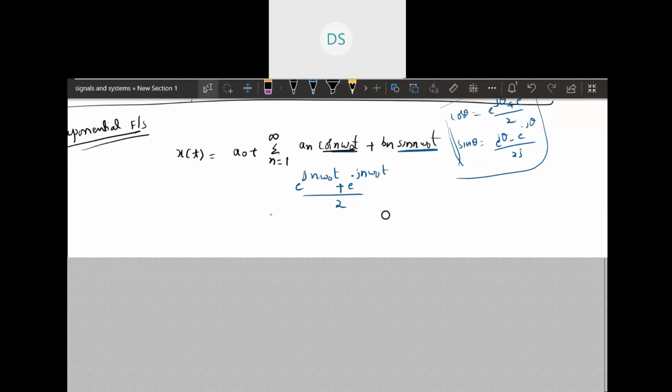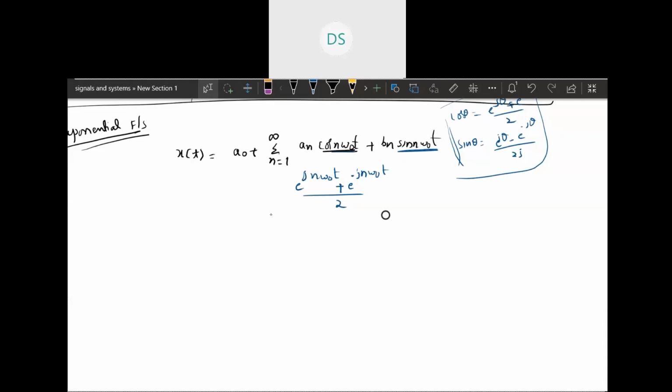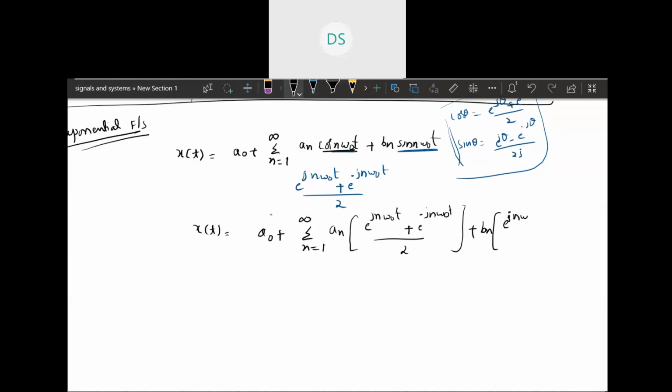So x of t is equal to a naught plus sigma n equal to 1 to infinity an, in place of cos n omega naught t, we write e power j n omega naught t plus e power minus j n omega naught t divided by 2, and also bn into e power j n omega naught t minus e power minus j n omega naught t divided by 2j.